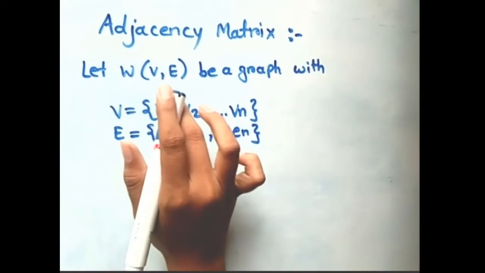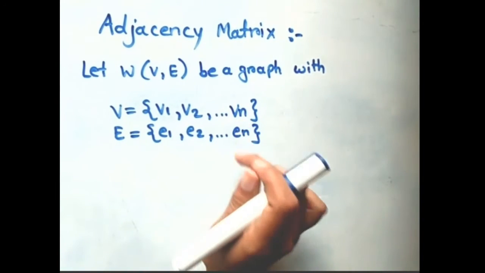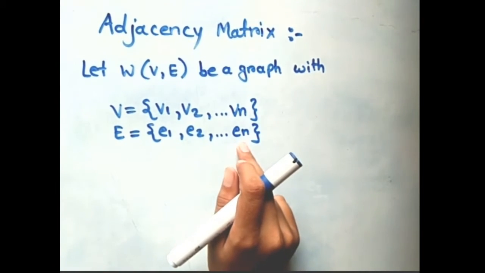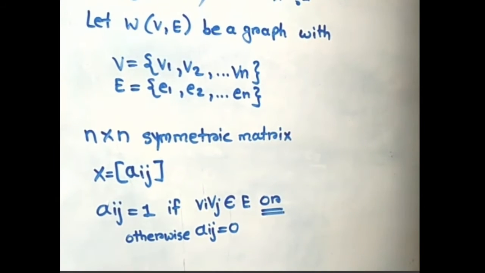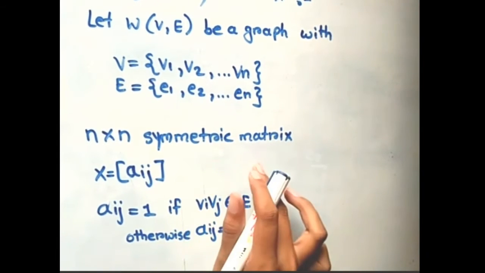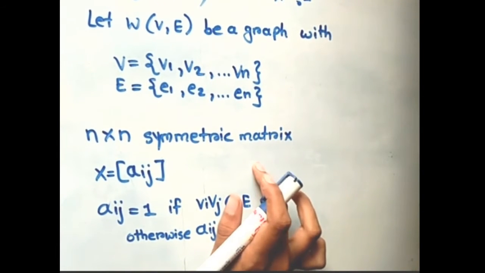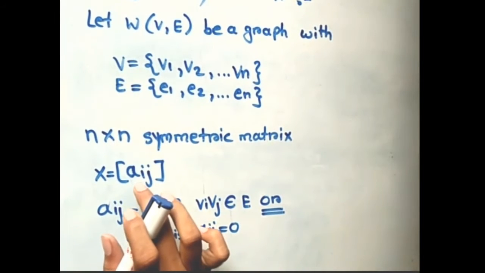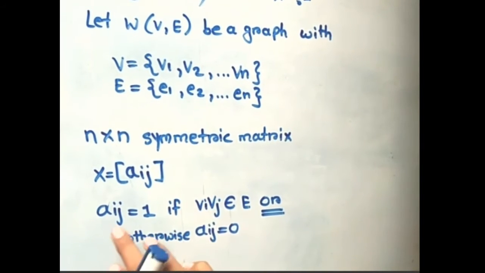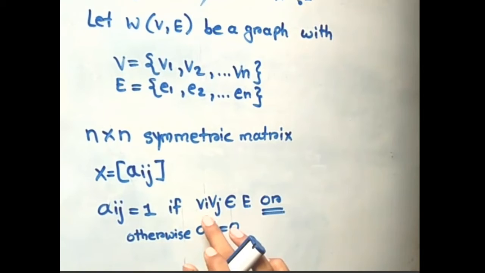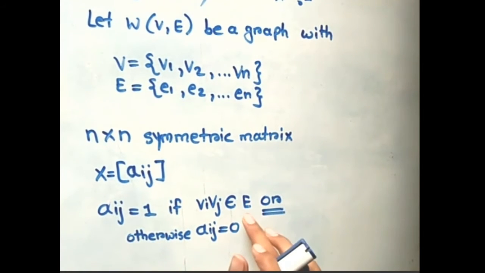Let W be a graph having n vertices, and this graph is without parallel edges. The adjacency matrix of W is an n by n symmetric binary matrix, X equals Aij, defined such that Aij equals 1 if both vertices belong to a single edge, otherwise Aij equals 0.